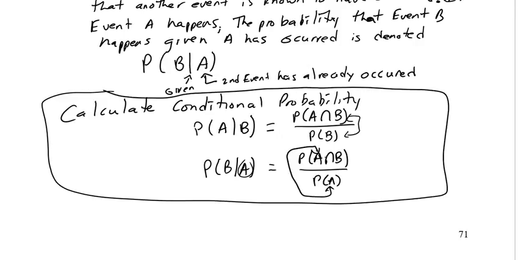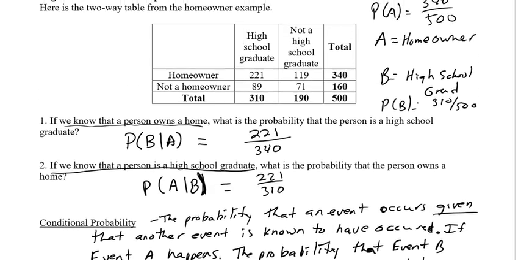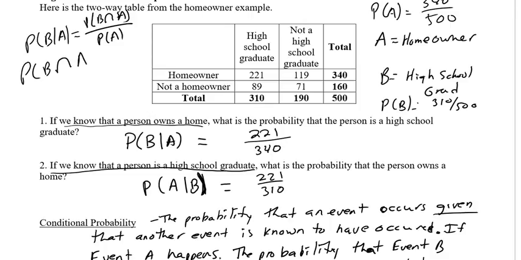Okay, so we know the probability of B given A. Our formula we just learned: the probability of B given A is the probability of B and A divided by the probability of A, right? So the probability of B and A, the probability that they're a high school graduate and they own a home, we calculated that before, it's 221 out of 500.